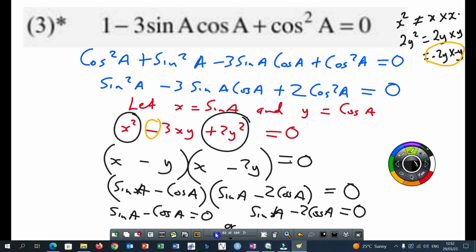Right, remember, we have to find the general solution. We are not solving for the exact values of A here. It's just the general solution. Please take note of what I did here. It's very important going forward.